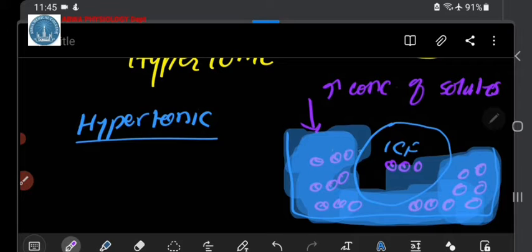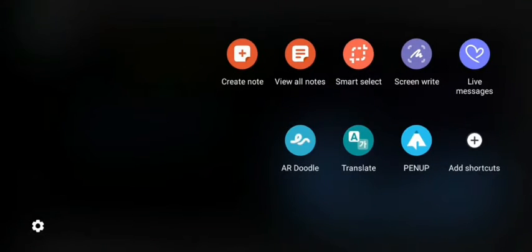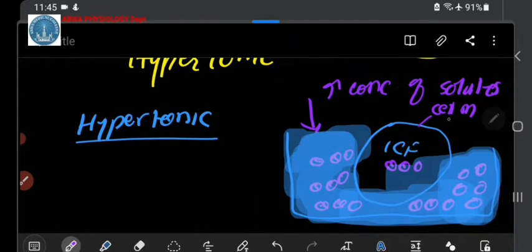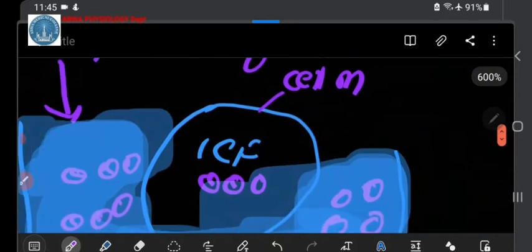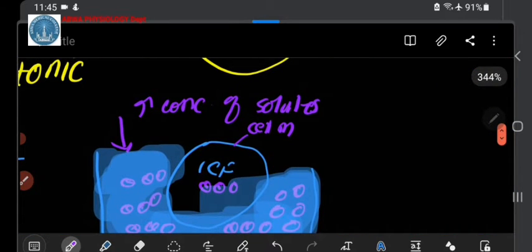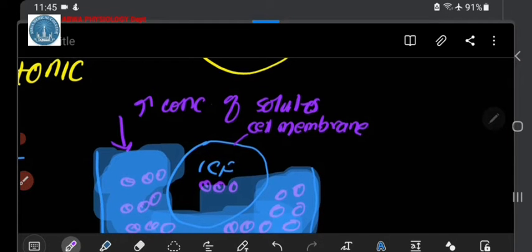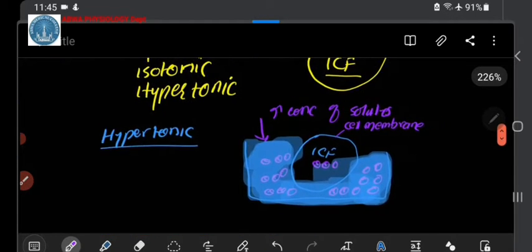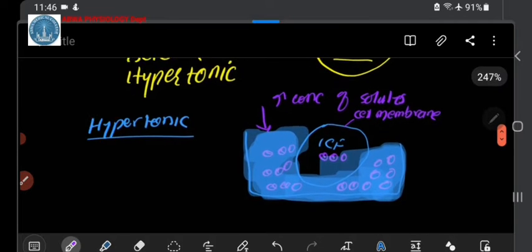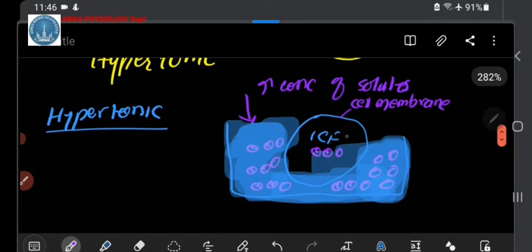When the cell is placed in such a hypertonic solution, water diffuses out of the cell, causing the cell to shrink. The cell membrane works as a semi-permeable membrane.